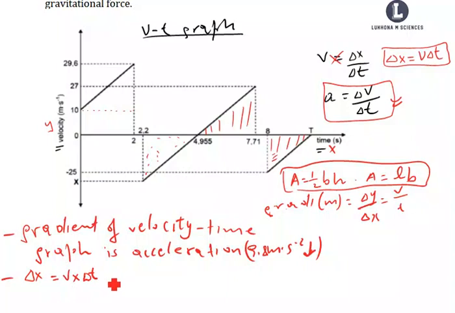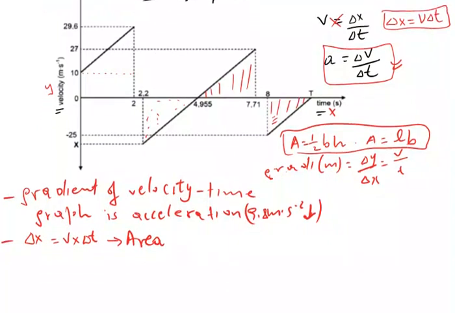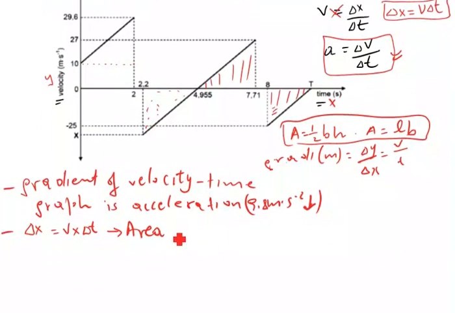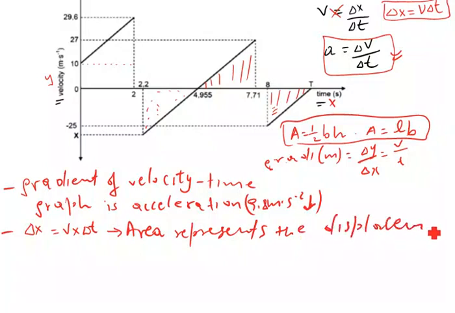This is the area. If it's the area of a triangle, just put half. So the area of this graph represents displacement. So you must know this.